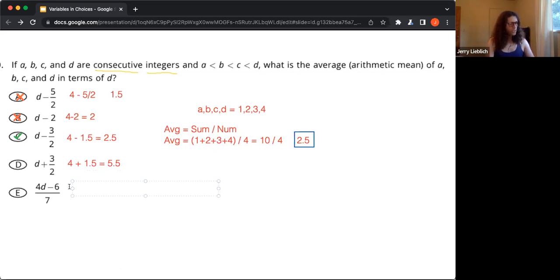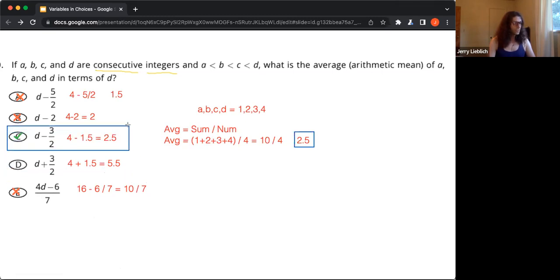All right, so 4 times 4, 16 minus 6 over 7. So 10 divided by 7, no. Just goes to show you if you're randomly guessing, it's not necessarily the most complicated one that's right. So my answer is C, excuse me. Forgot to cross out D.